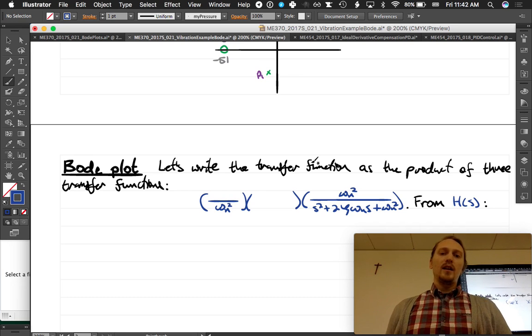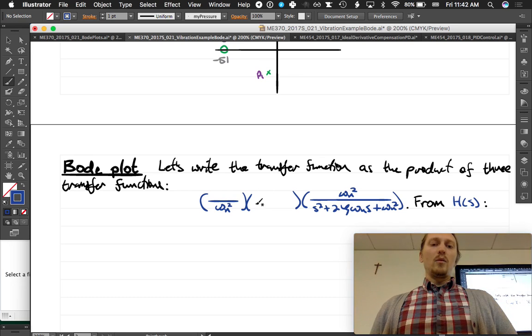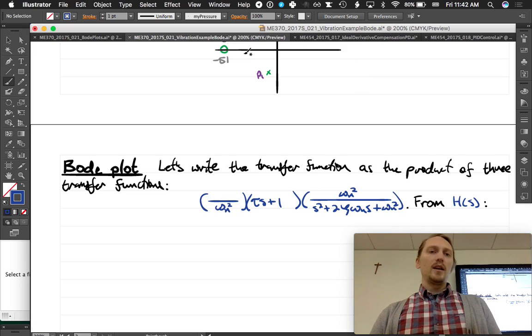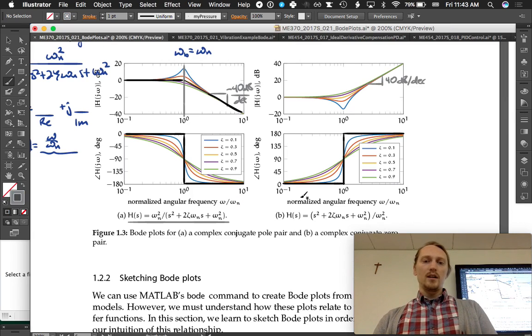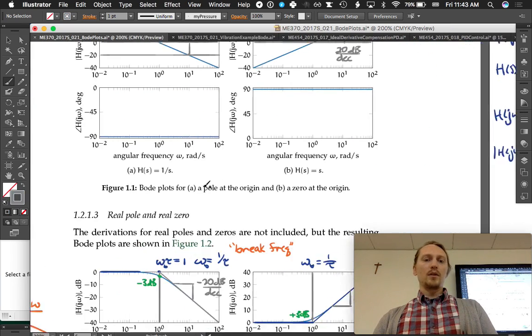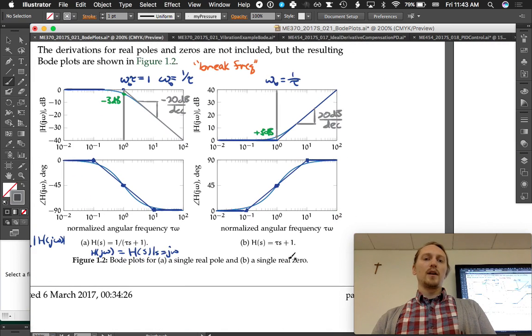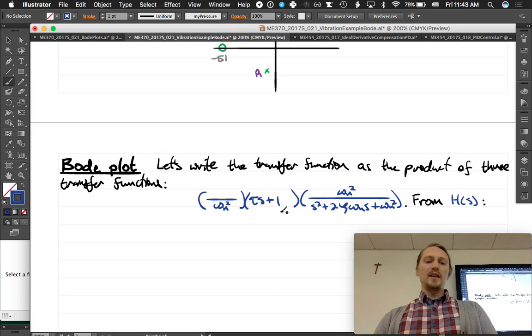And we need to have our first order numerator in the form of tau s plus 1, right? So going back over here, our first order zero, our transfer functions, should be in the form tau s plus 1. And so we need that to be the case.